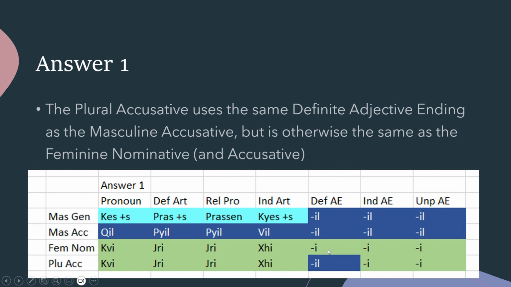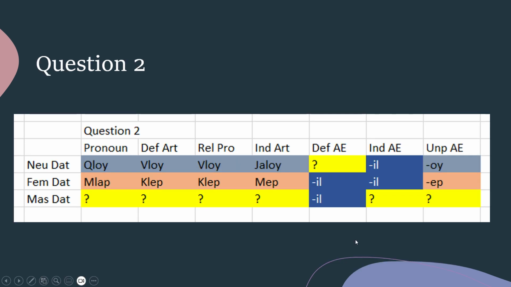The final letter of the words is what the adjective ending is in all cases for feminine, nominative, and accusative. For plural, it is almost exactly the same except the definite adjective ending, which is the same as the masculine accusative. So there you are. Hopefully you got that right. Moving on to question 2.